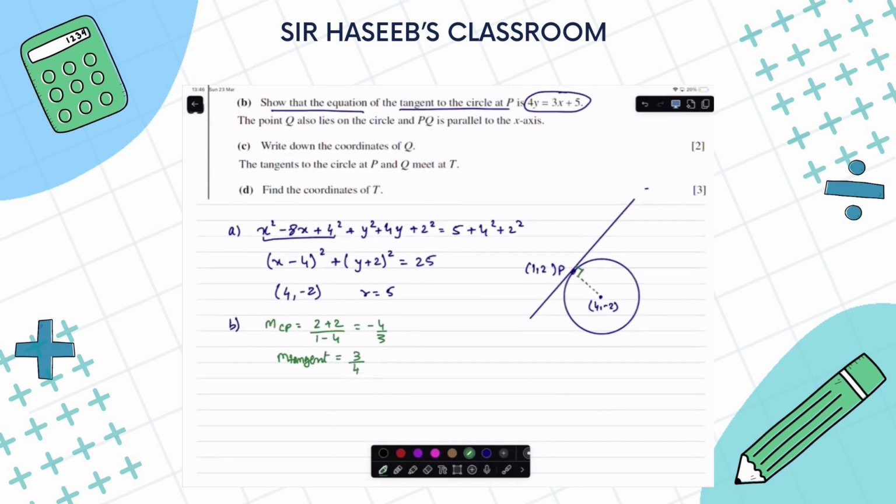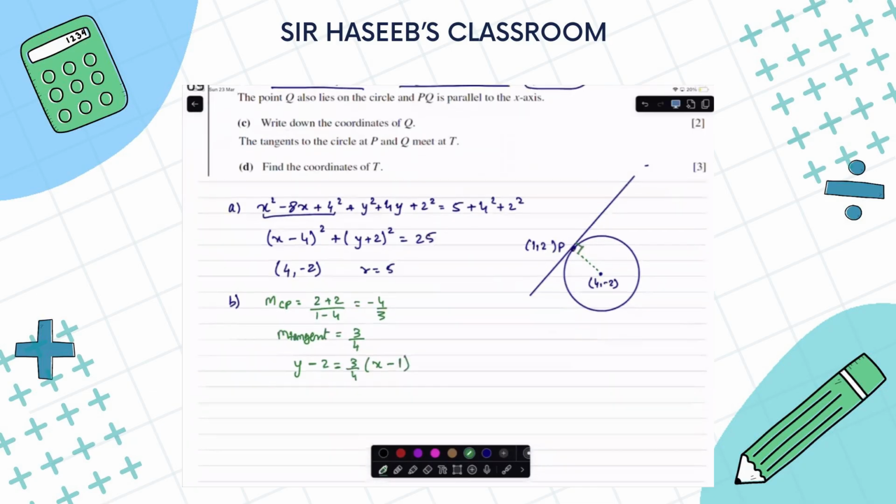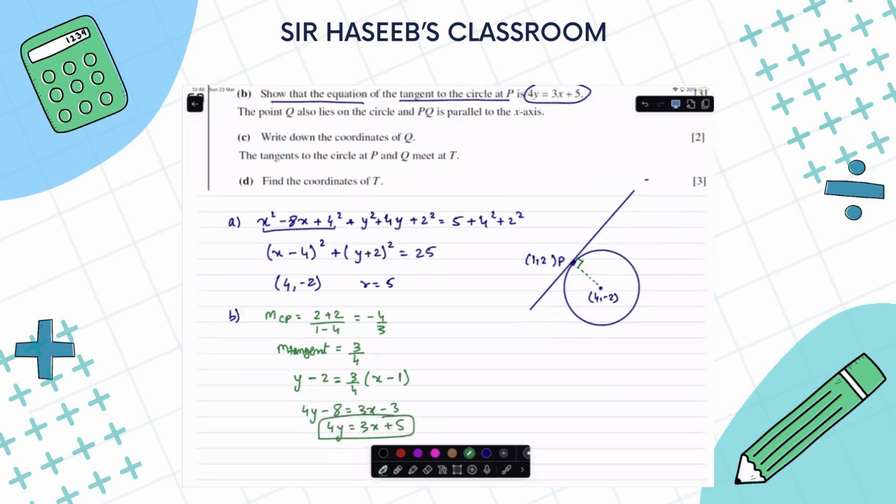So y minus y1 equals m times (x minus x1). Get it? 4y minus 8 equals 3x minus 3. 4y equals 3x plus 5. Get it?